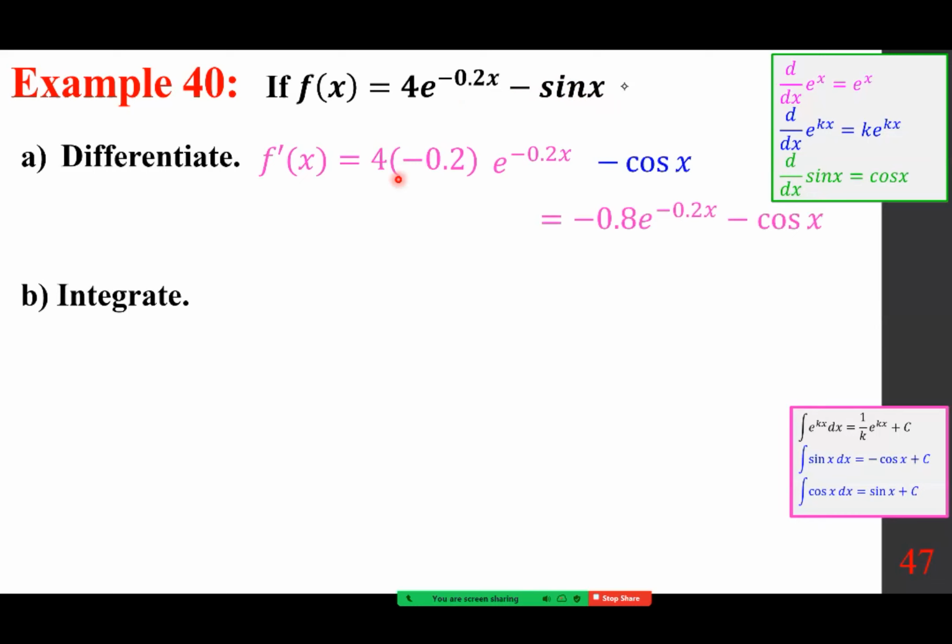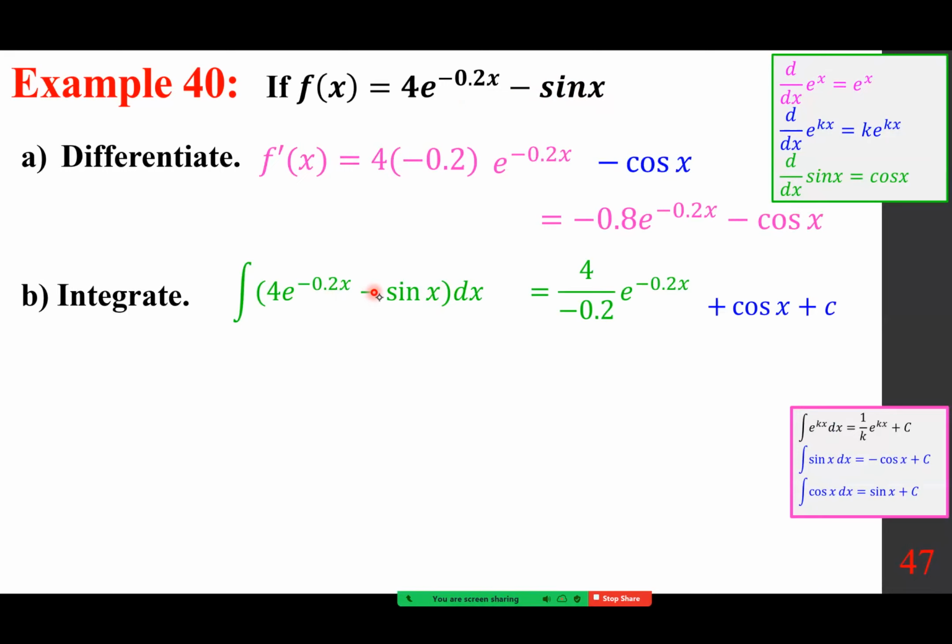However, to integrate, we put a dx, and when we integrate, we divide by negative 0.2. And the derivative of sine is cosine, but the integral is negative cosine. With this negative it makes it positive cosine and a constant.